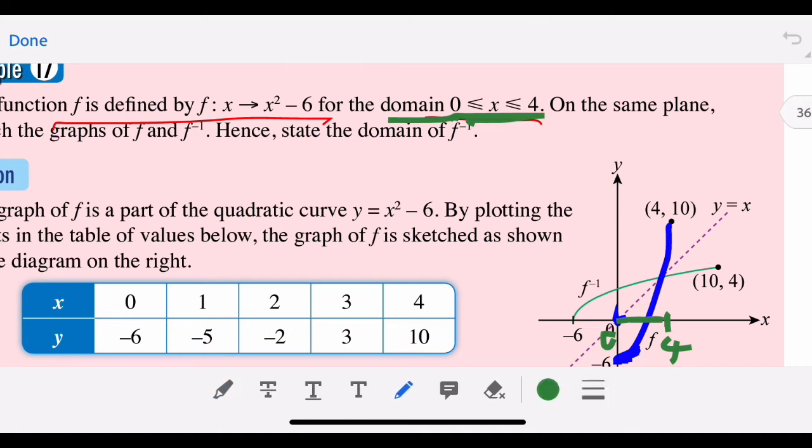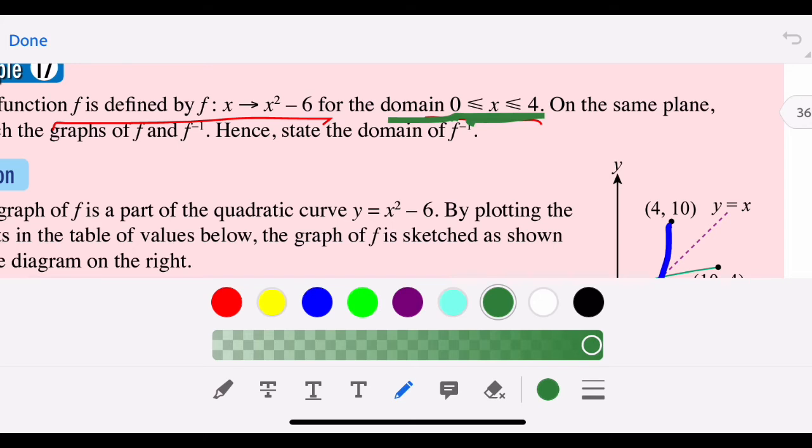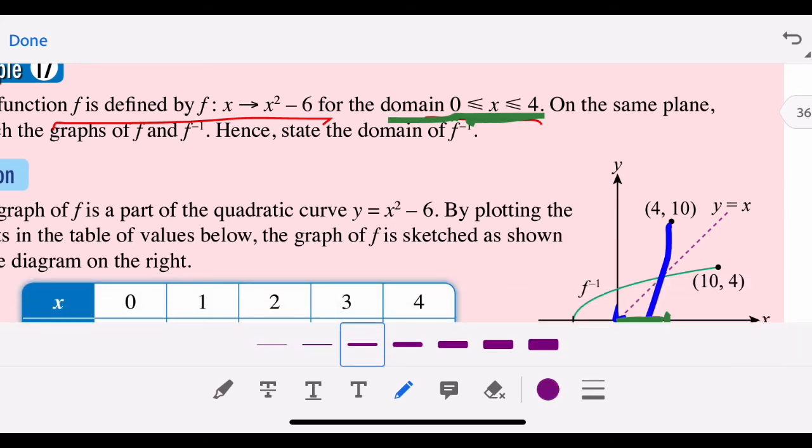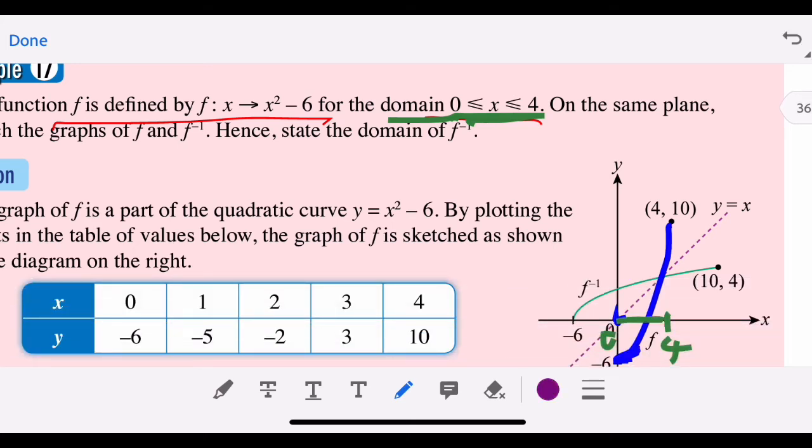f negative 1, you are asked to sketch. So now we are going to sketch the graph, in purple color, of f inverse. Basically, if you want to sketch a graph, you have to know how to go about the inverse. So if possible, we try to draw y equal to x.